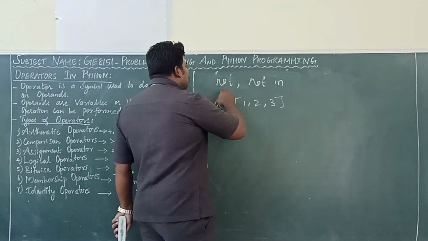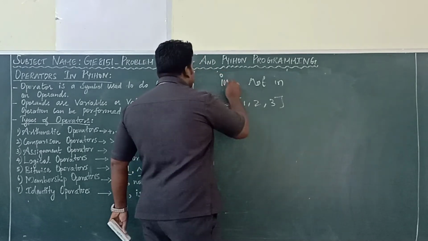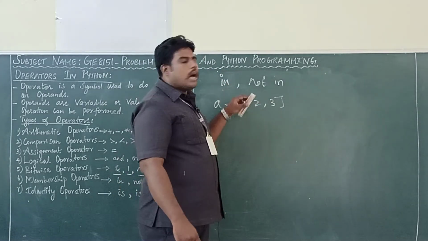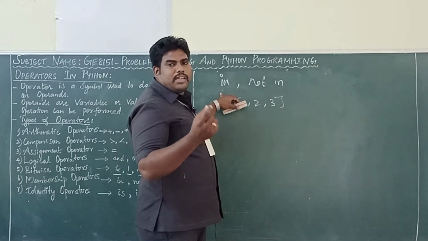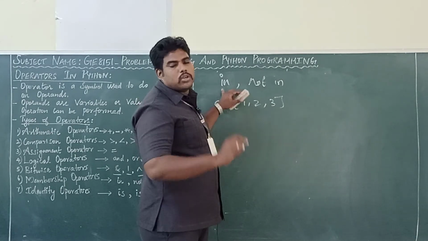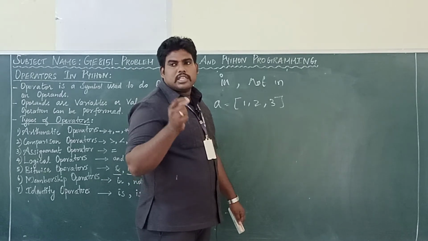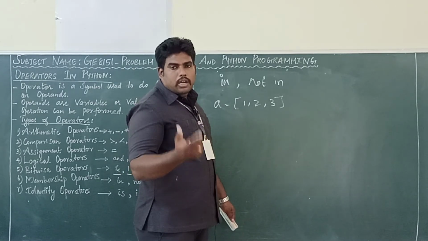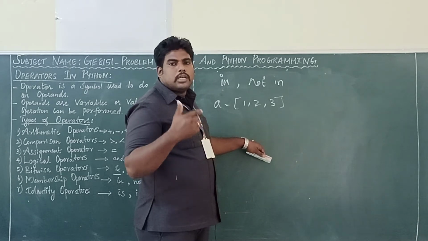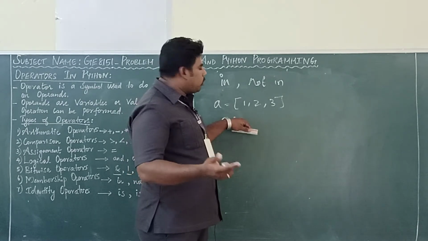Now these 2 operators, in and not in, are used to check whether a particular value or element is present in the sequence or not. Sequence means list or string or tuple. Anything we can use. Here I am using a list.